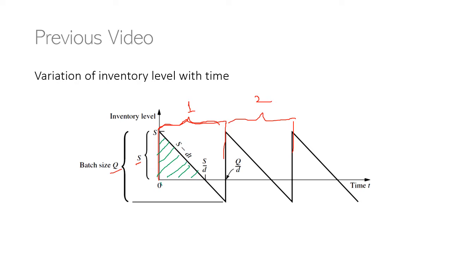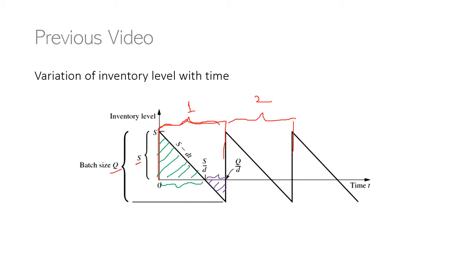The time interval of the green portion is from 0 to S divided by D, and the second portion was the purple portion, and the time interval is from S by D to Q by D.